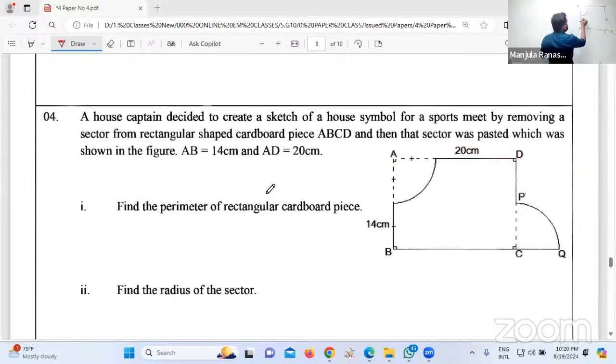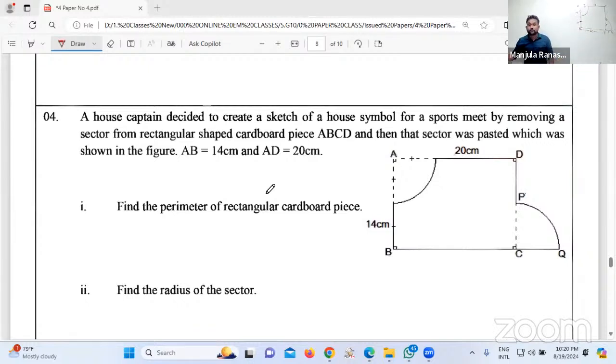So 14 centimeter, these two equal 7, 7. Then here also 7, and here 20 means here 13. So here 7 and here 7. Here also 7 and here 20. Right. This is how the shape is.